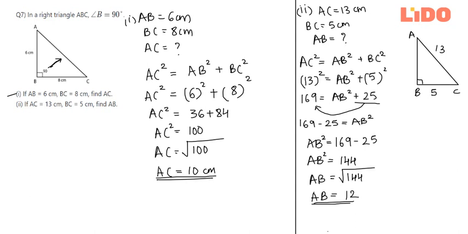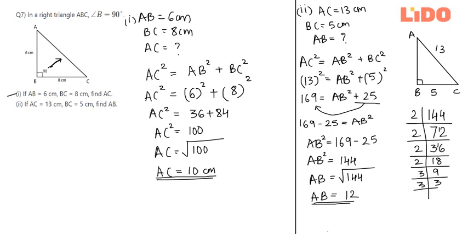So let's quickly do the prime factorization method in case you don't remember or you're not familiar with the square root of 144. So 2 7s are 14, 2 2s are 4, 2 3s are 6, carry 1, 2 6s are 12, 2 1s are 2, 2 8s are 16, 2 9s are 18, 3 3s are 9, 3 1s are 3.